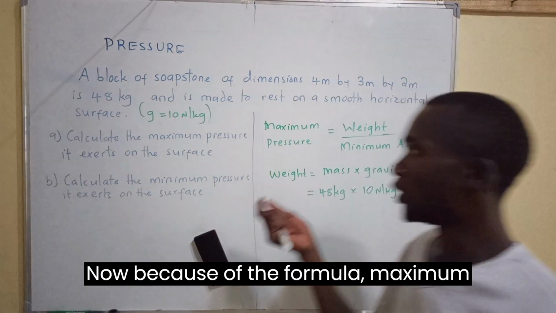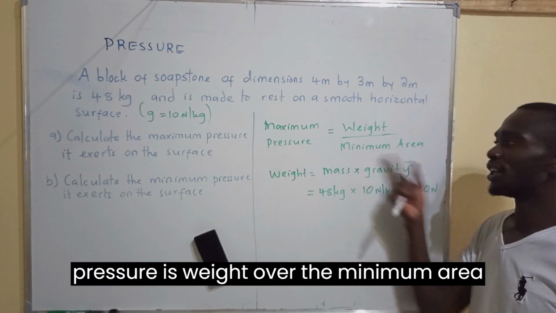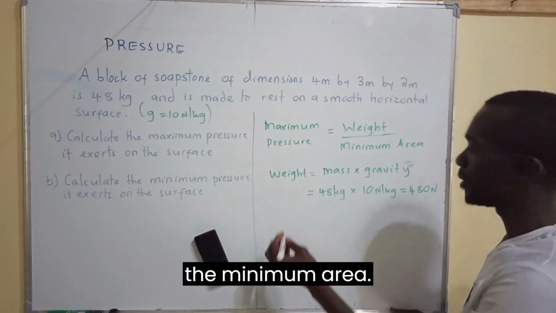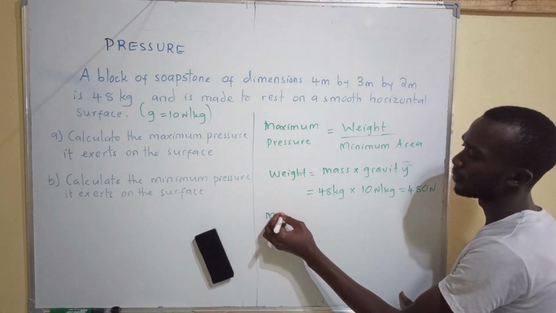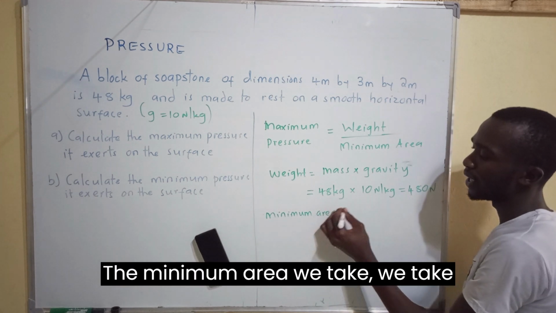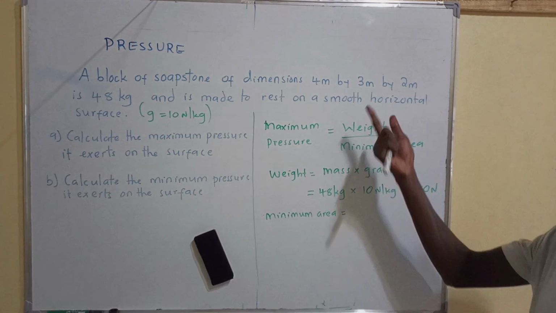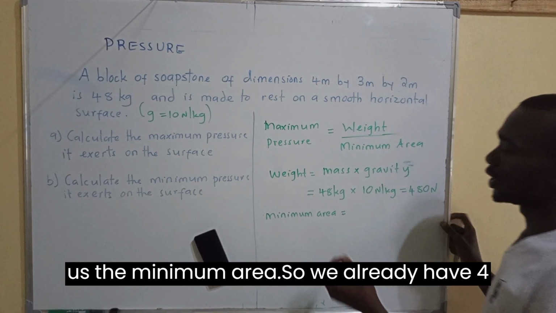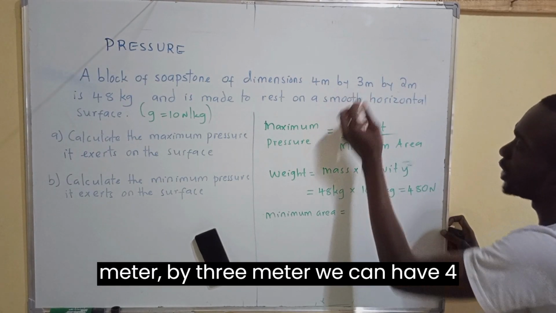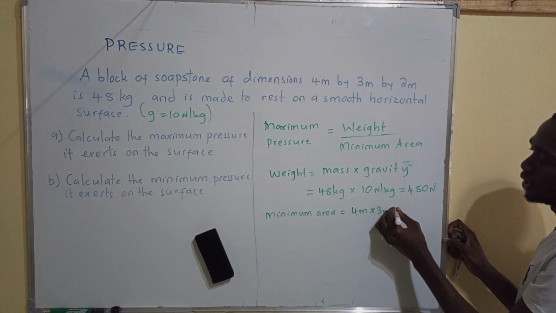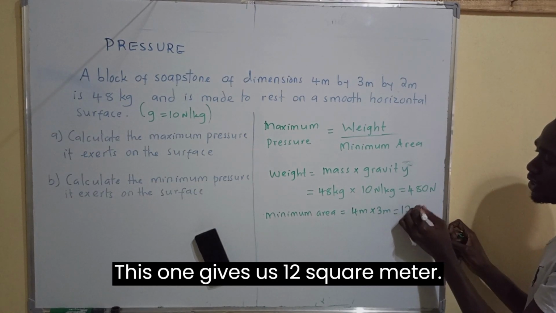Now, because of the formula, maximum pressure is weight over the minimum area. Now I want to find the minimum area. We take the two dimensions that are going to give us the minimum area. So we already have 4 meter by 3 meter. We can have 4 meter times 3 meter, this one gives us 12 square meter.